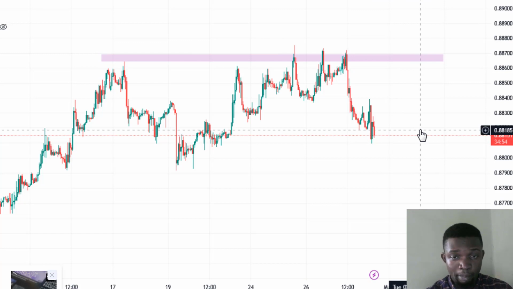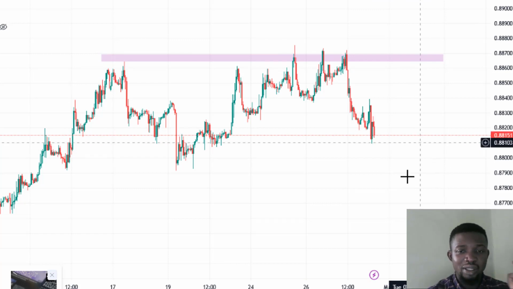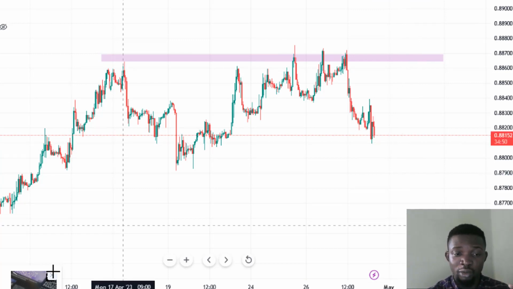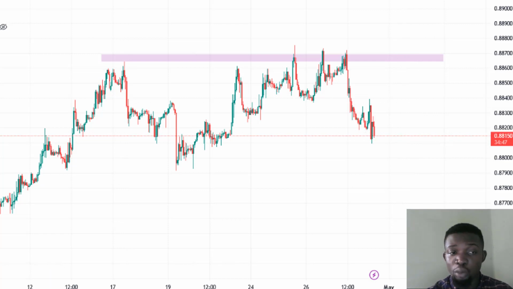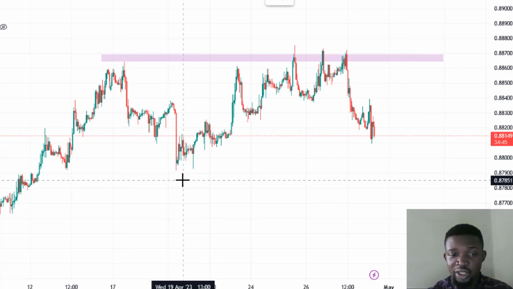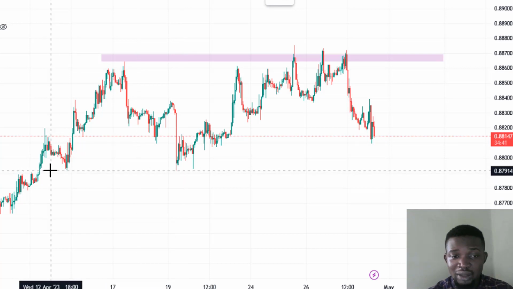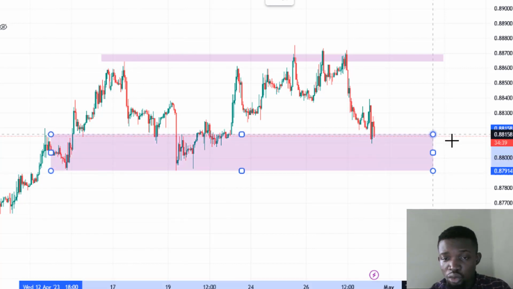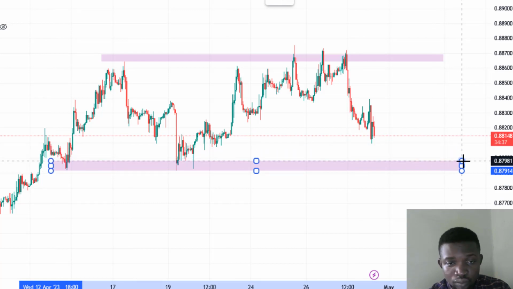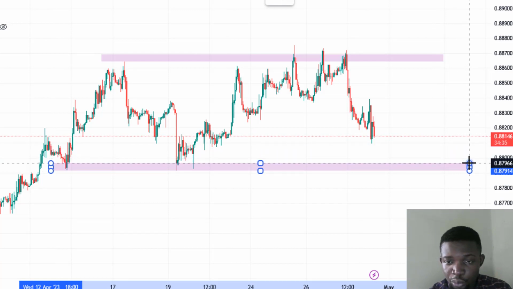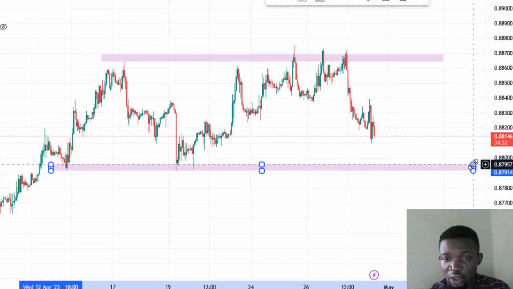It's not too far from my price actually, and the second rule says your support and your resistance must not be too far from your current price level. My resistance is not too far from my current price level, and I'm going to be drawing my support now also, and it should be close to the current price level.